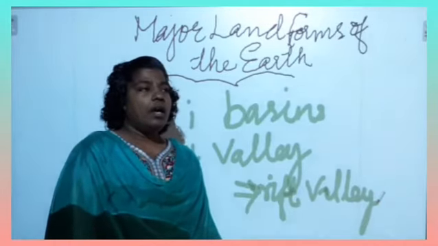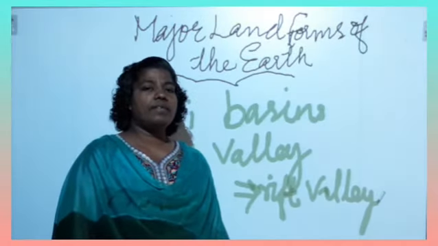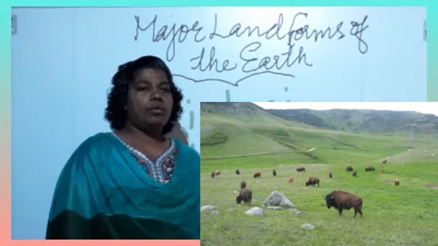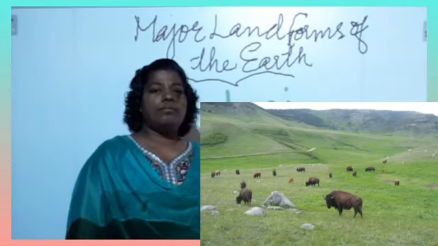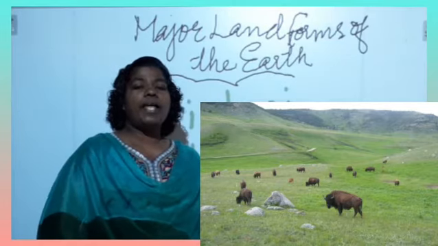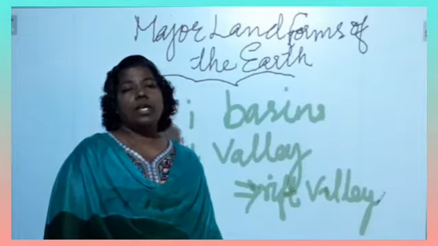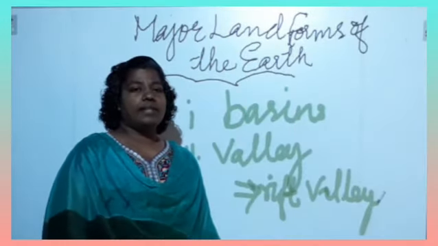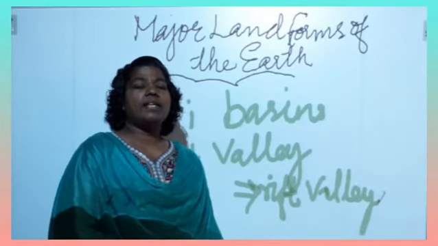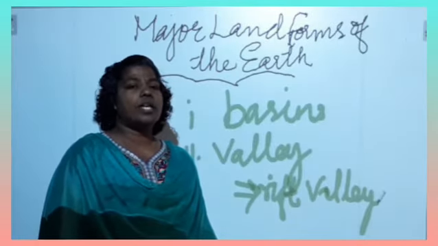And the next thing we are going to learn is plains. When we learn about plains, there are two sets of plain. One is river plain, another one is coastal plain. The plains formed due to the course of the river are the river plains, and the plains found near the coastal region are called coastal plains.